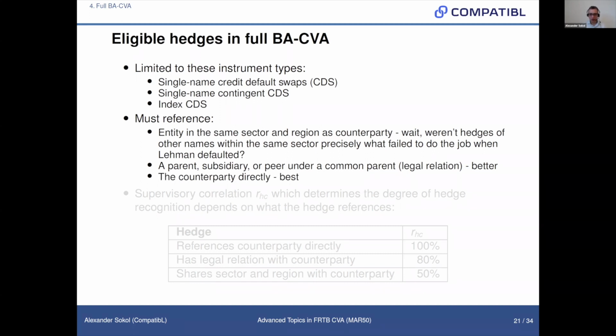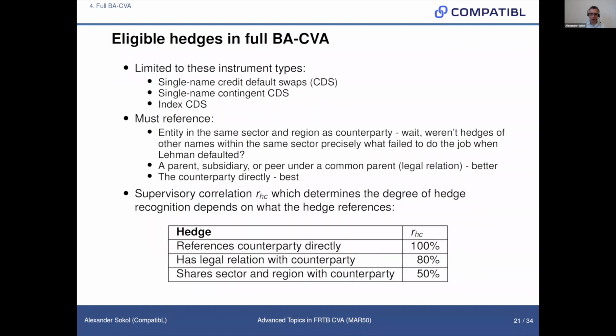So it's 80% supervisory correlation. And finally, 100% supervisory correlation is when you hedge with CDS on the very same name as your counterparty, because in this case, you know that if you experience counterparty credit risk loss, then your CDS will pay, and vice versa. So there's perfect alignment, 100% correlation. Okay, so that makes sense.